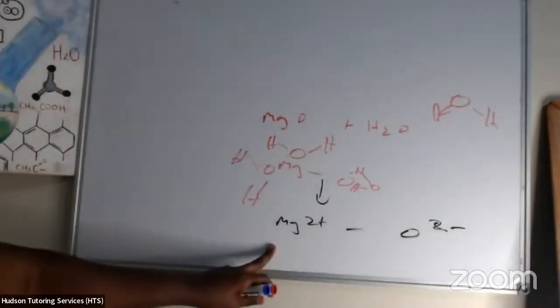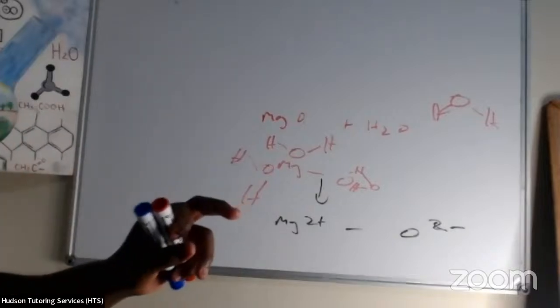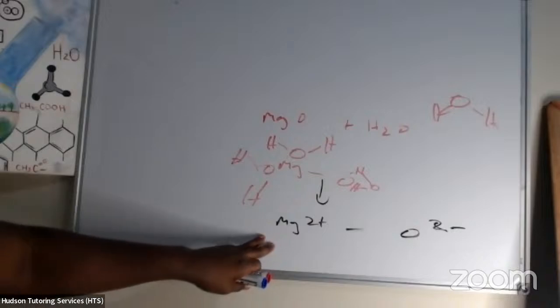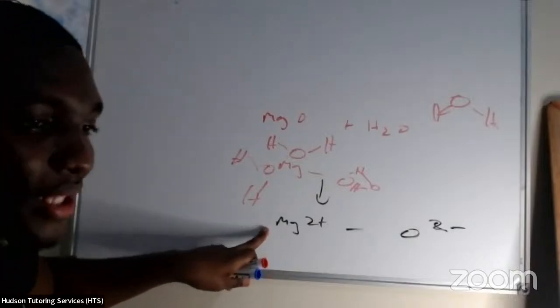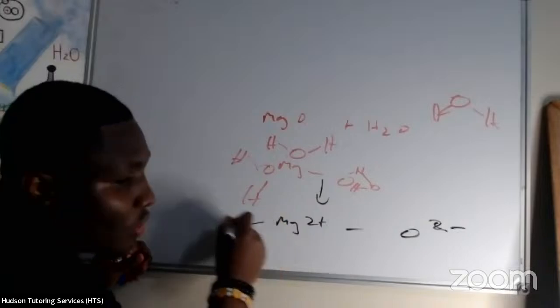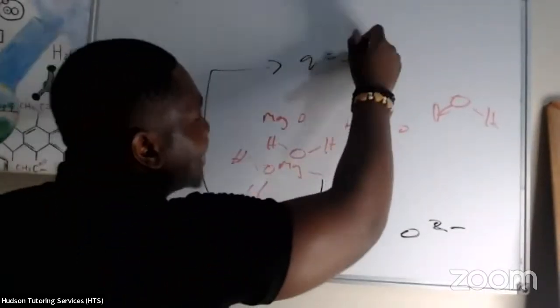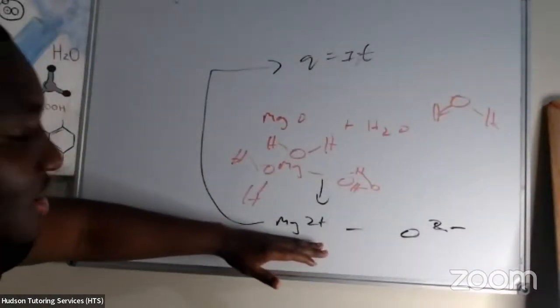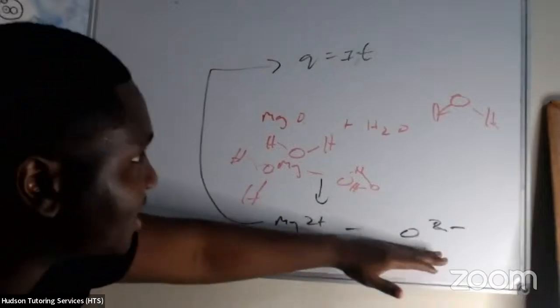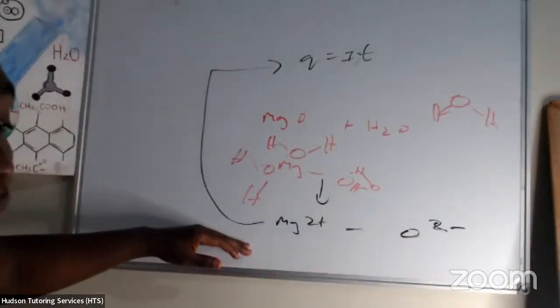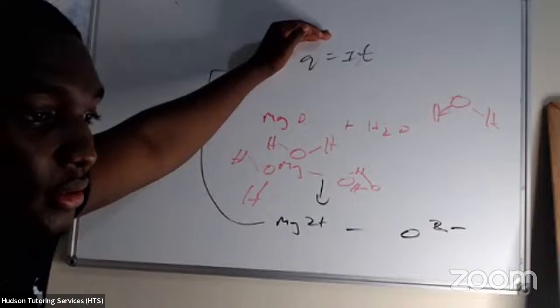Remember, let's use physics to solve stuff. What is charge? Charge is Q equals IT, right? And electricity is the flow of charges. Now, if we have these charges in solution, then obviously we would have a current. You understand me?